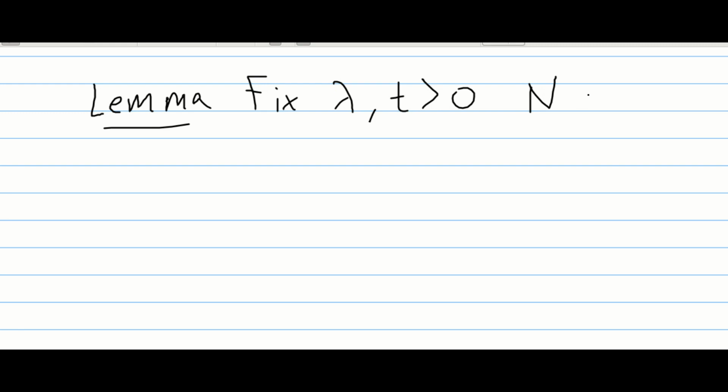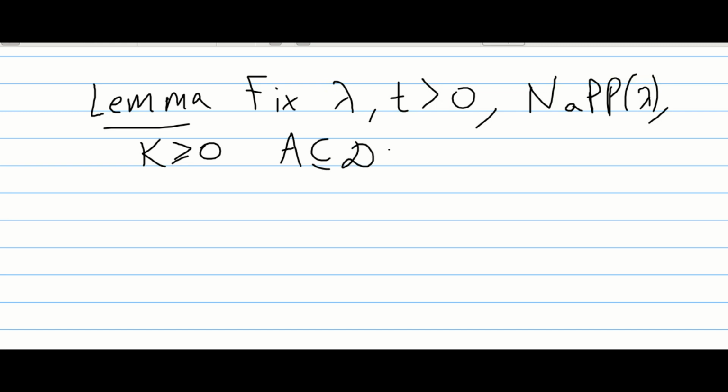N is going to be a Poisson process with parameter lambda. And k is any number of points you want to observe, and A is a measurable event on the space of càdlàg functions.